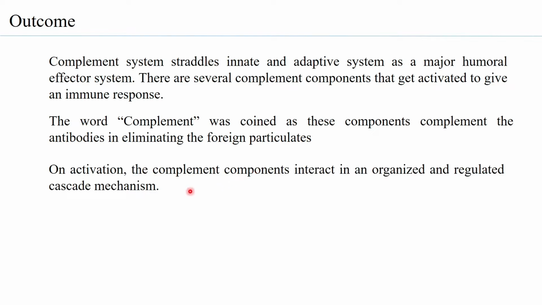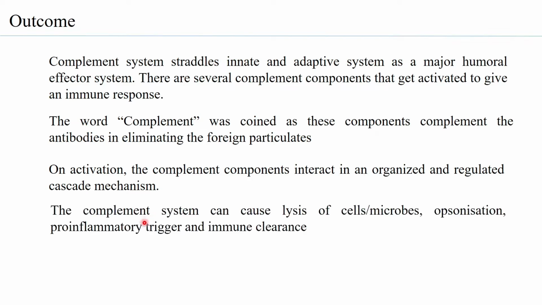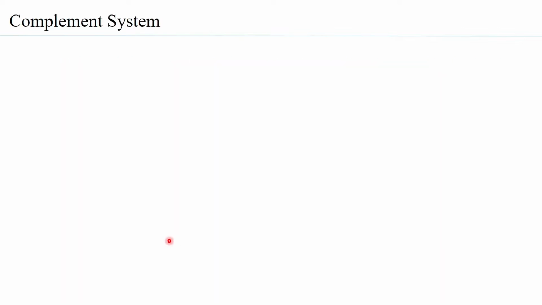On activation, the complement components interact in an organized and regulated cascade mechanism to lead to what is called a membrane attack complex. The complement system can cause lysis of cells or microbes, opsonization, pro-inflammatory trigger, and immune clearance.